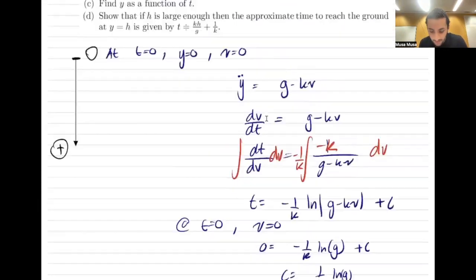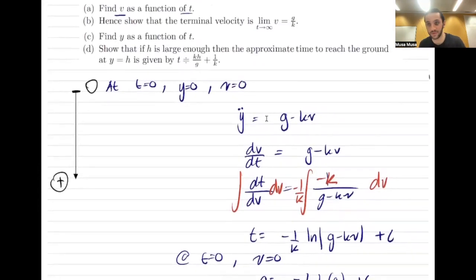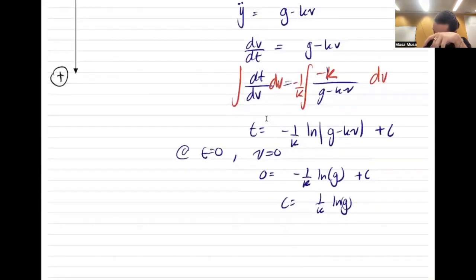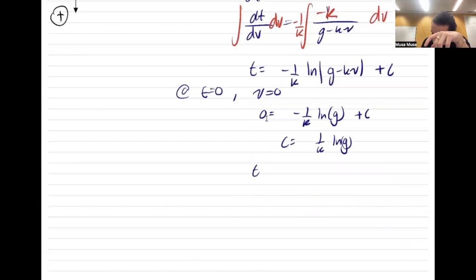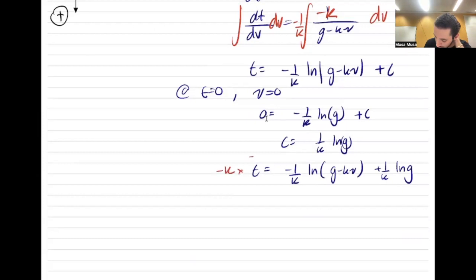So now putting this back together, what did it say? Find v as a function of t, so v equals something. So we have a bit more work to do. t equals minus 1 on k, ln of g minus kv, plus 1 on k, ln of g. I'm thinking multiply everything by negative k. We get negative kt equals ln of g minus kv minus ln g.